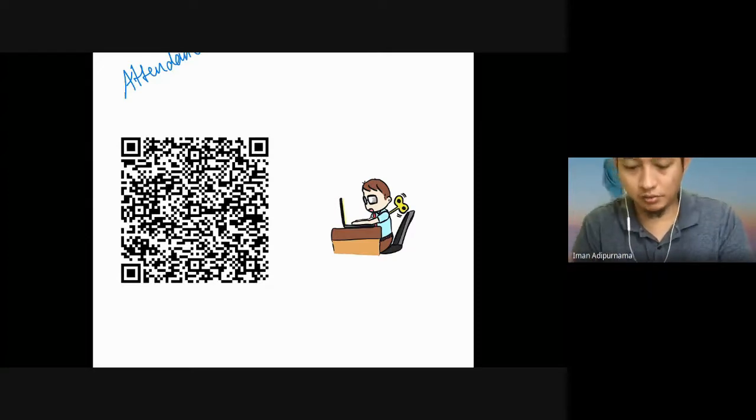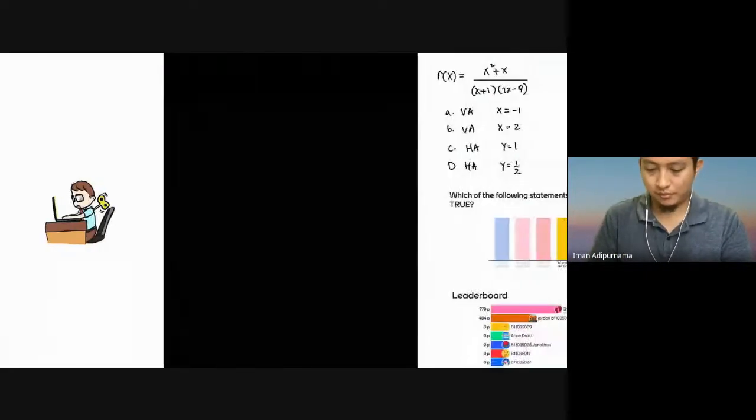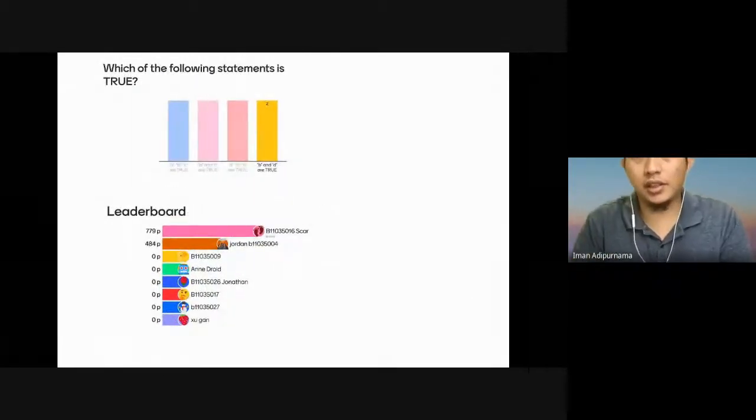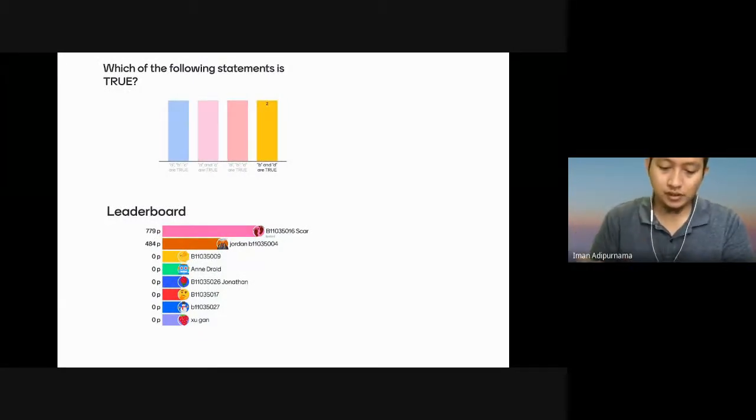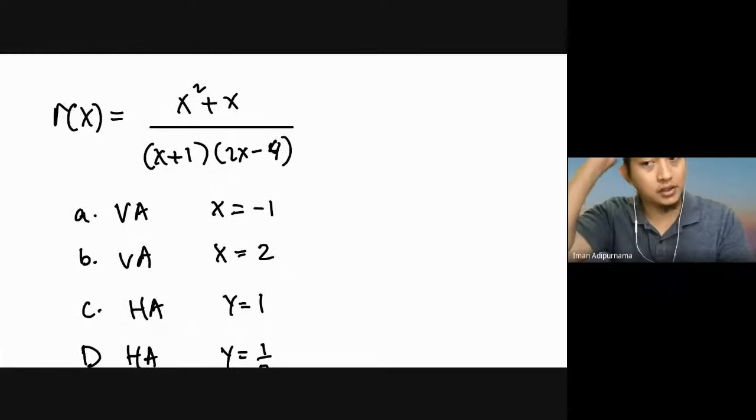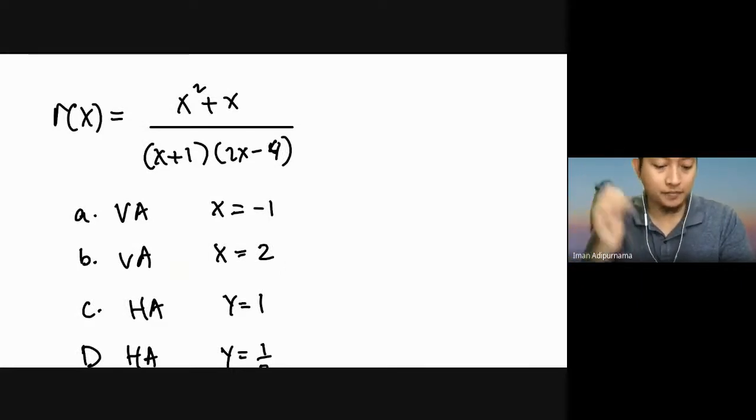Okay, let's start our course by looking at the results from yesterday's feedback. The question is about rational functions. You have a function r of x, and we have x squared plus x over x plus 1 to x minus 4.